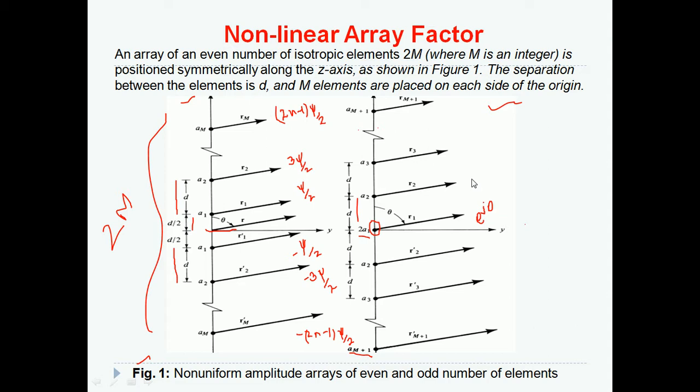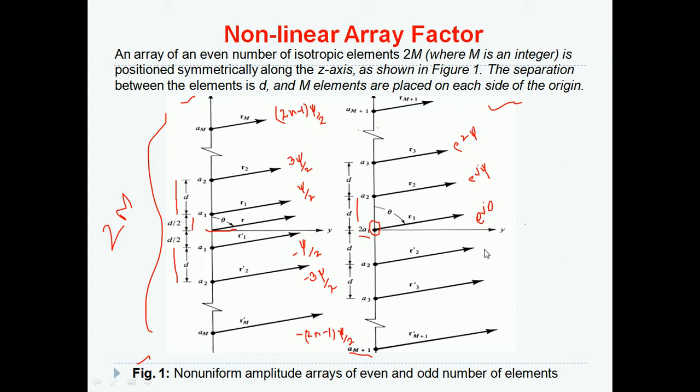When we come to A2, it would be e to the power j psi. And when we come to the third element, we get e to the power 2j psi.